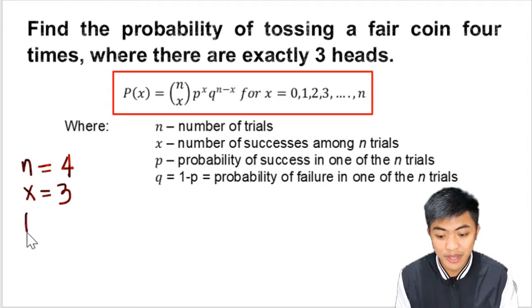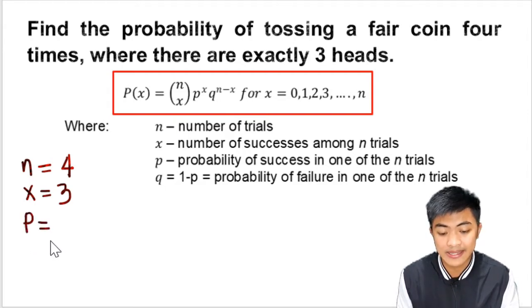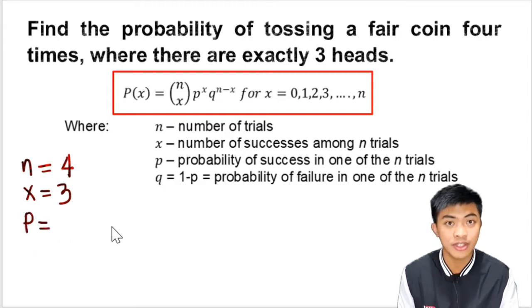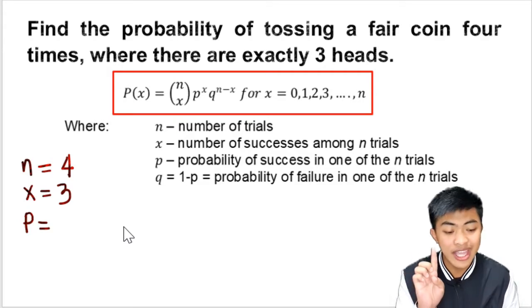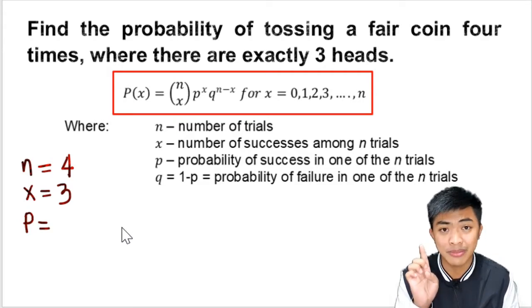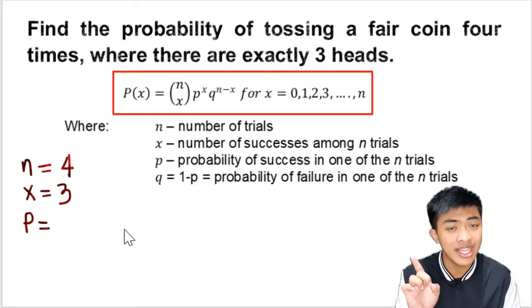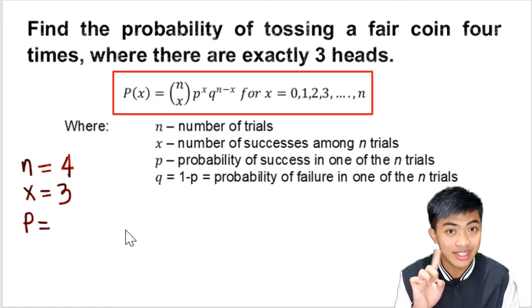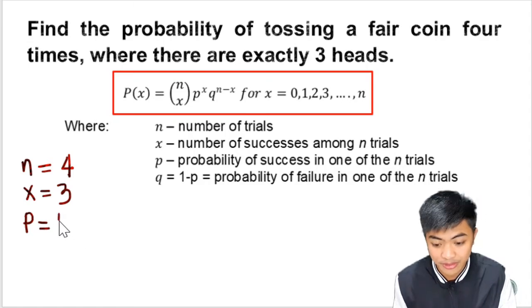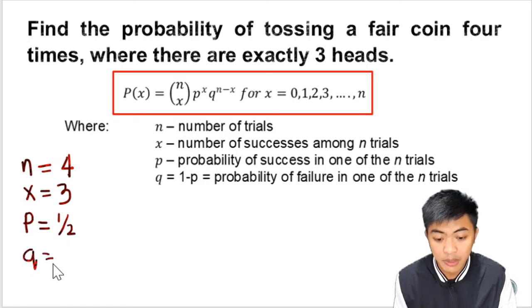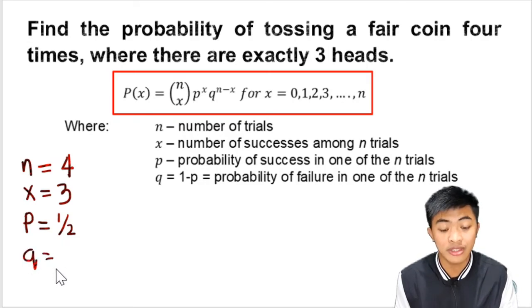And we have here P, the probability of success in one of the n trials. So may 4 tayong trials. In each trial, ano ba yung probability na makakakuha tayo ng head? Okay, so that is a toss coin. What is the probability of getting a head? Is actually 1/2, okay? And Q naman is the probability of failure in one of the n trials.